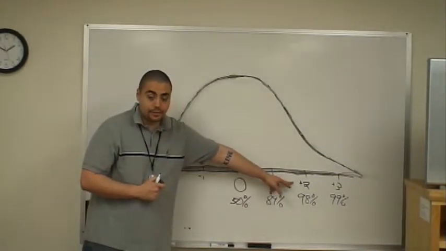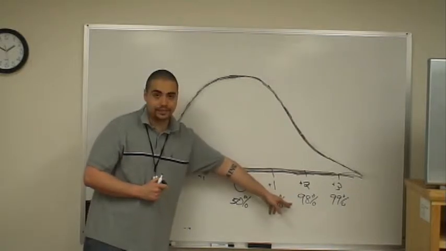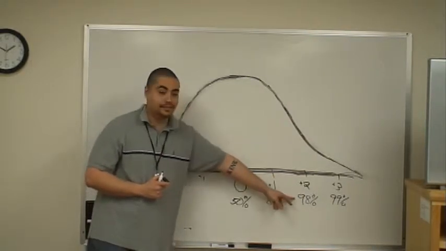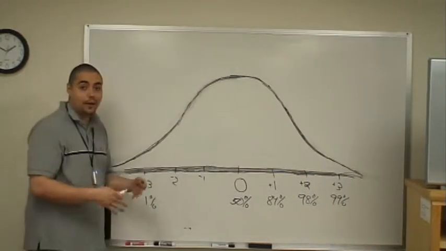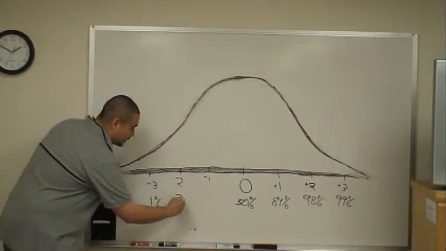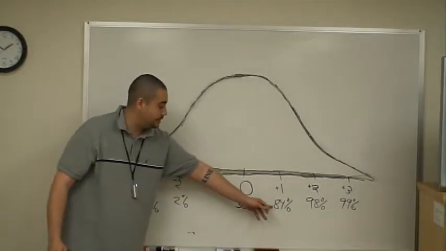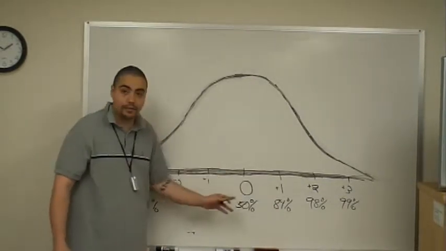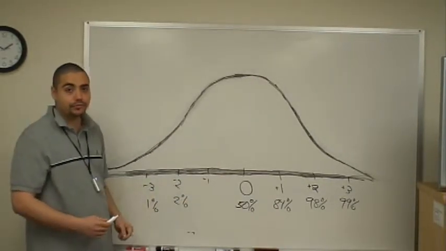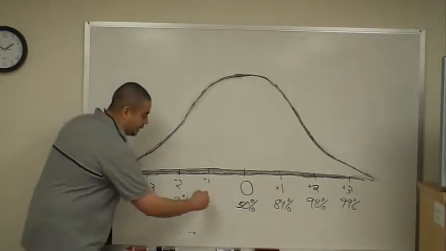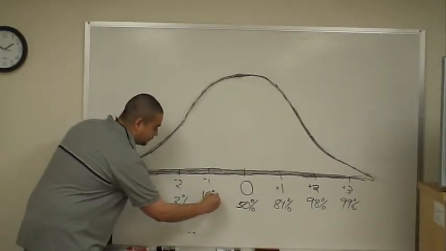If we know +2 standard deviations is the 98th percentile rank, we could do 1 minus that, and we get the 2nd percentile rank. We could do the same thing for the 84th percentile rank, for +1 and -1 standard deviations, and we get the 16th percentile rank.